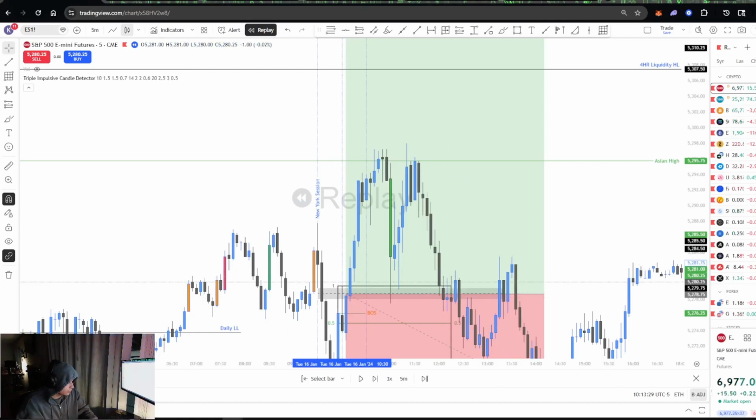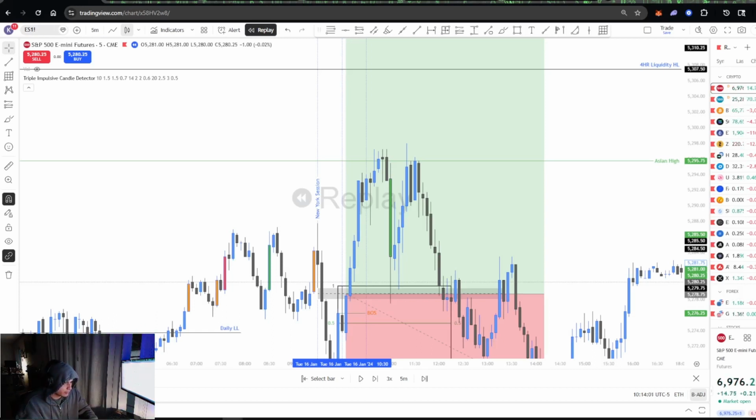Once market structure break happened, I placed my equilibrium, EQ.